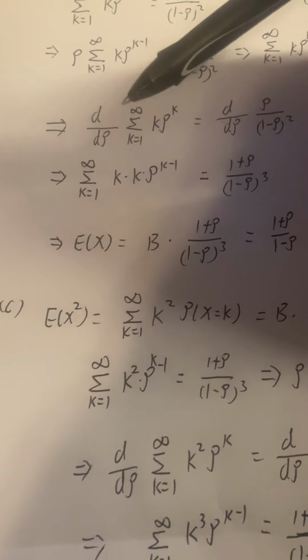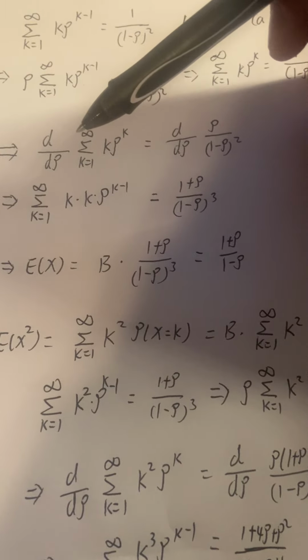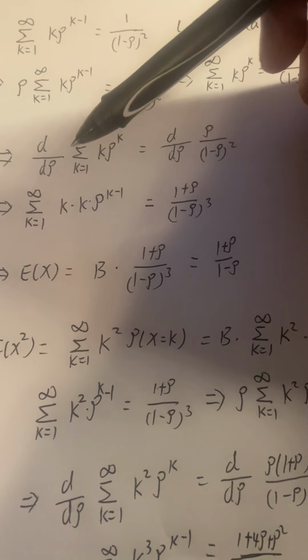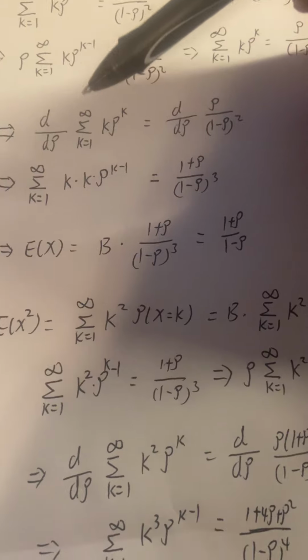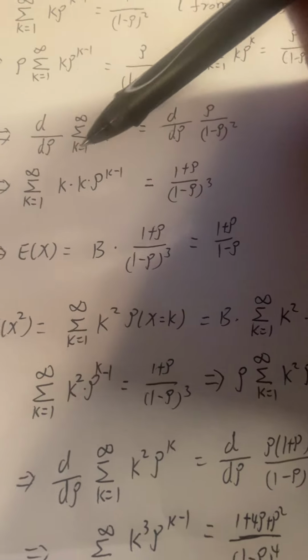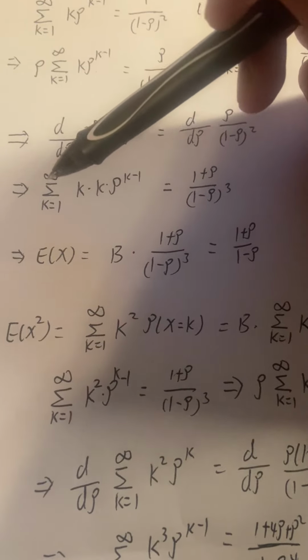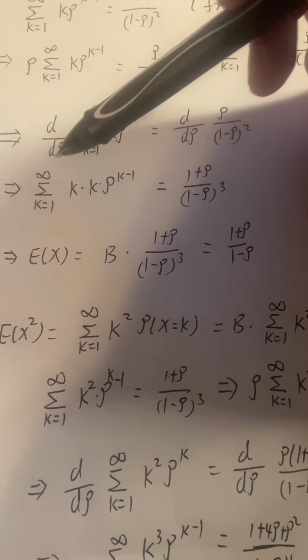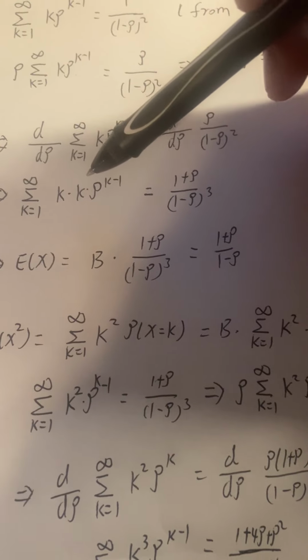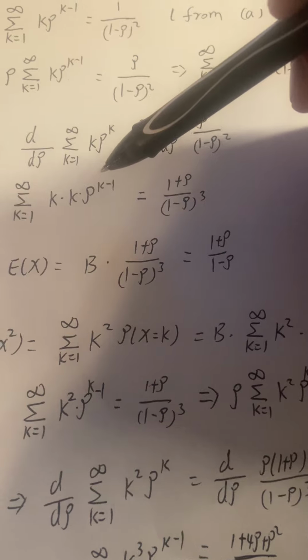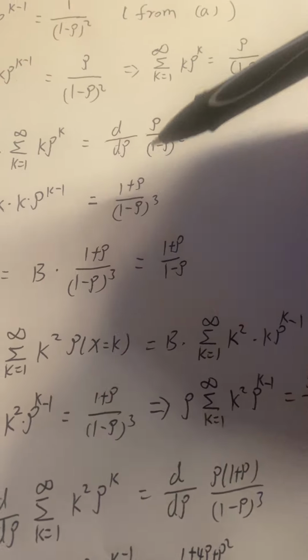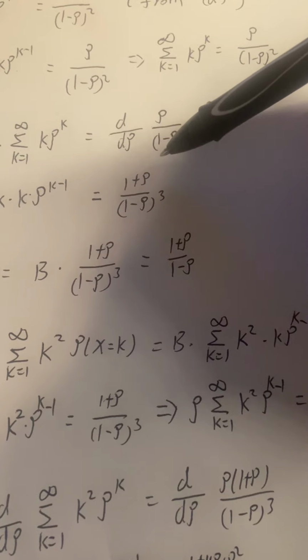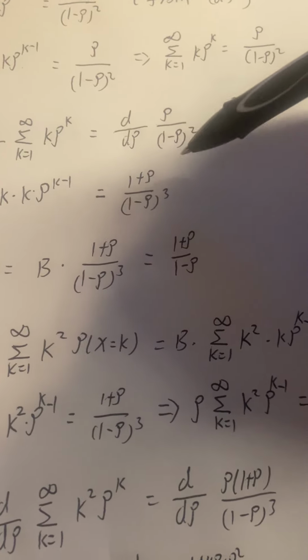And then we take the derivative with respect to p on both sides, and the left side will be the sum from k equals 1 to infinity of k squared times p to the power of k minus 1, and the right side will be 1 plus p over 1 minus p cubed.